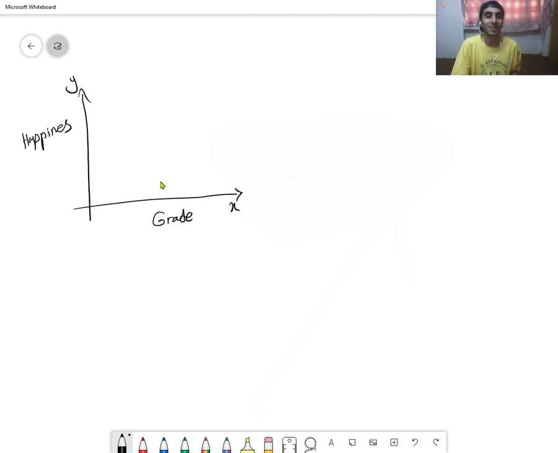I don't know, maybe it is not a good example, but anyway, it is not important for us. The important thing for us is how to fit a line through the data. We collect a bunch of data, and they're all like this. The better grade you have, the more happy you are, and the lower the grade you have, the less happy you are.